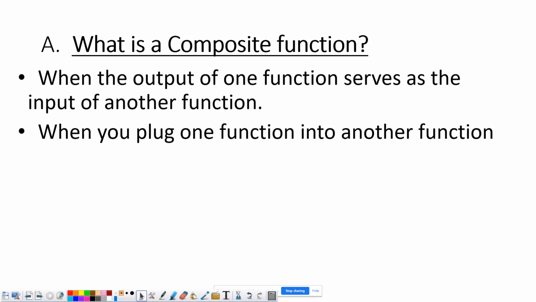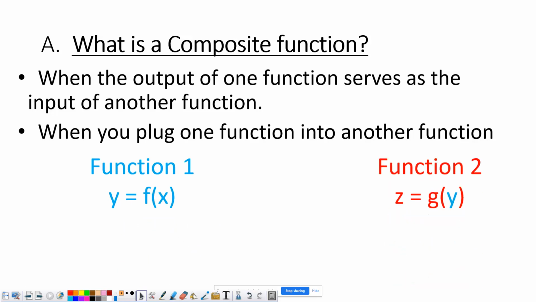When you plug one function into another, here's two examples, or two functions, I should say. Here we have y equals f of x, and over here we have z equals g of y. Now I want you to notice that for function 2, the input y is an output over here, right? Over here the x is an input, the y is an output.